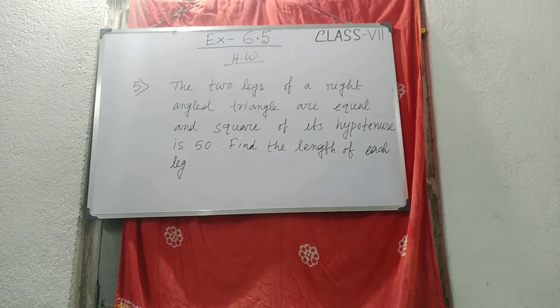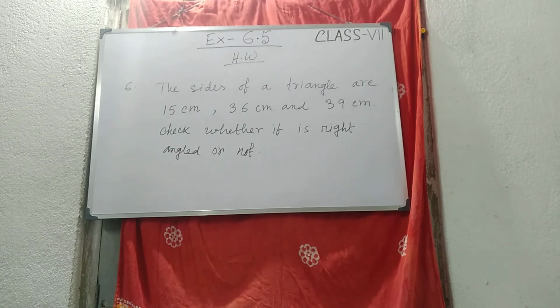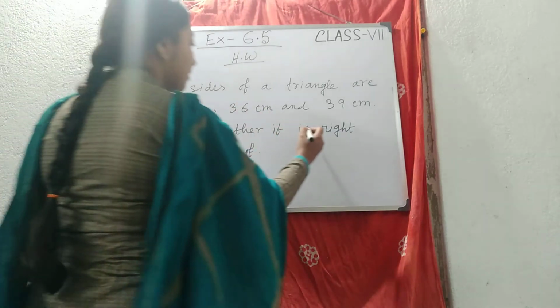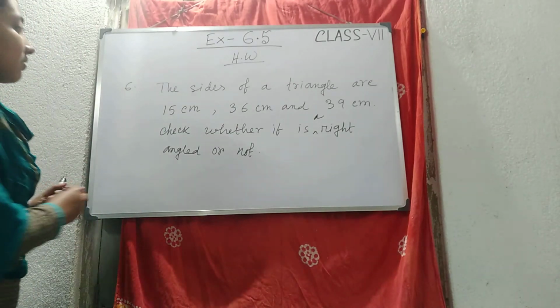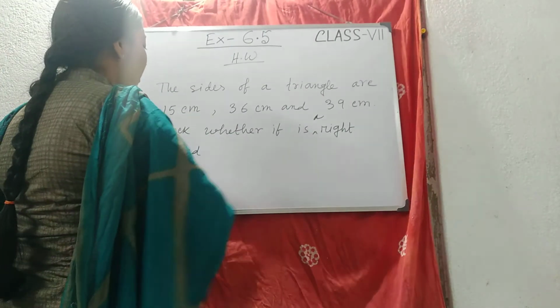Find the length of each leg. Now your sixth homework. The sides of a triangle are 15 centimeter, 36 centimeter and 39 centimeter. Check whether it is a right angled triangle or not.